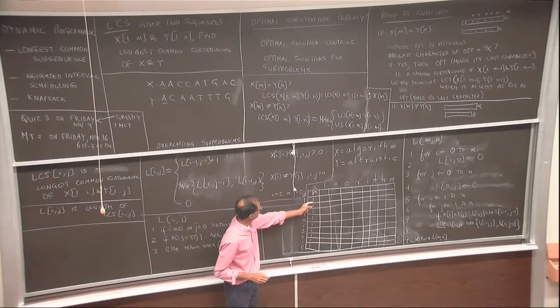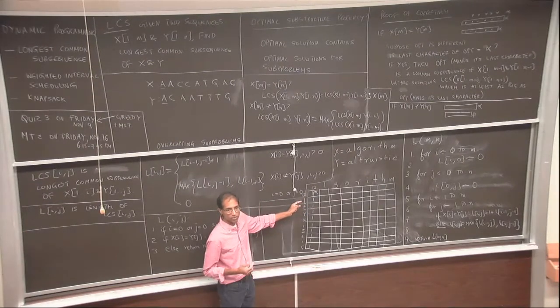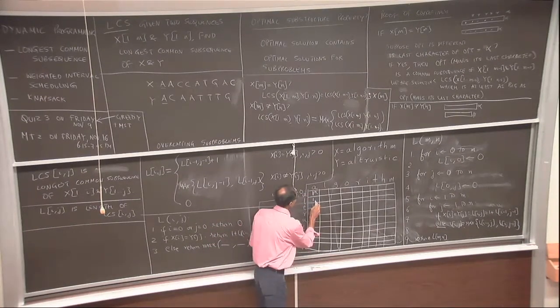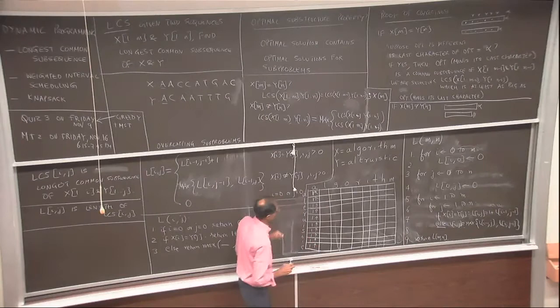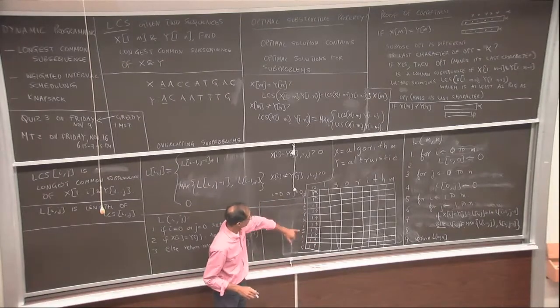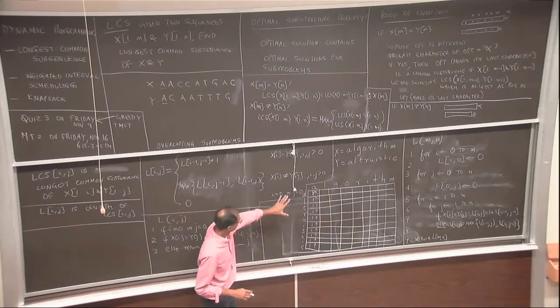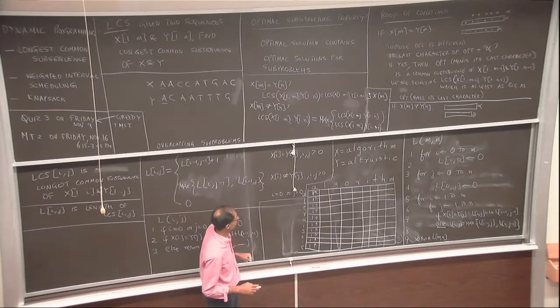Here we took the better of 1 and 0, which is 1. That means we are saying that it's better to solve this problem than this problem. So I'm going to draw an arrow here. I'll make an update to that code in a minute, but you'll see what is going on very shortly.